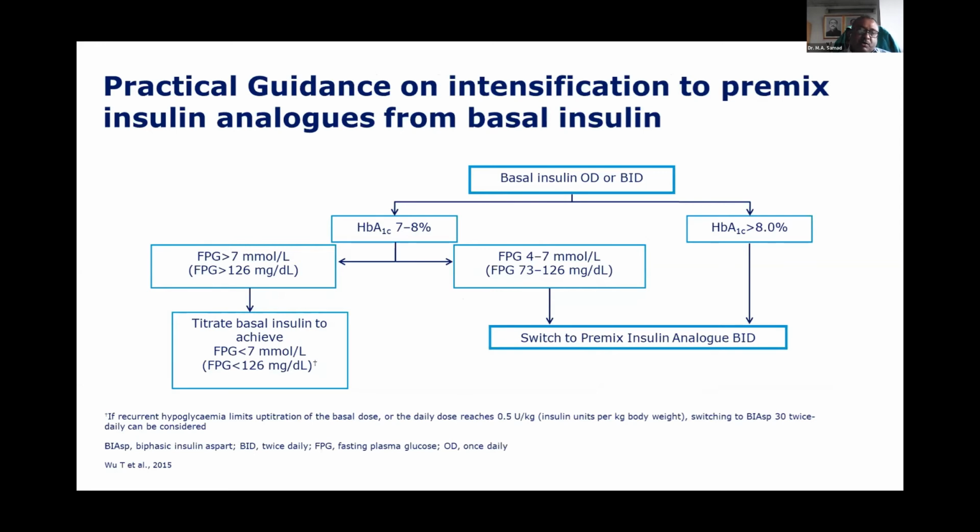And if the hemoglobin A1C is 7 to 8% and fasting is more than 7, titrate basal insulin to achieve fasting less than 7. But you see, this is a very important catch point. If fasting is 4 to 7, then switch to premix insulin analog, because then there is more chance of producing hypoglycemia.